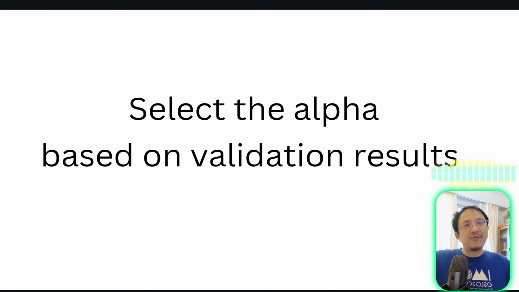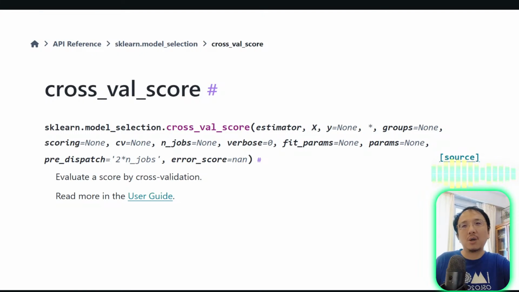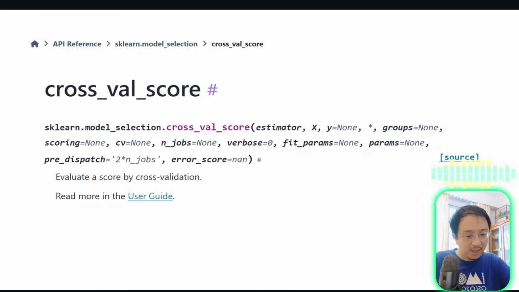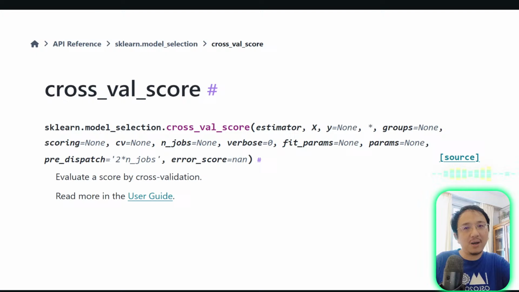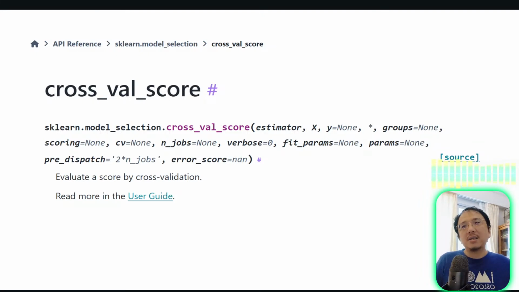But right now, let's focus on the process of using cross-validation data to find out our alpha. In Scikit-learn, a submodule called model selection can help you compute the cross-validation score. So it can automatically do all the things for you.